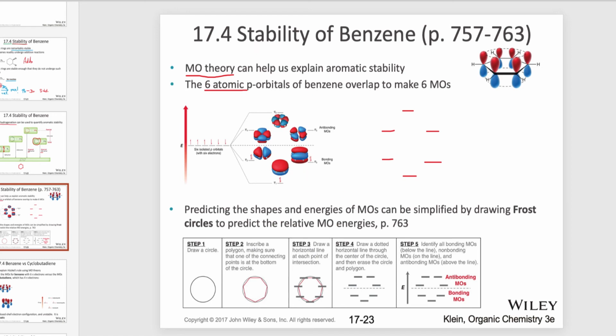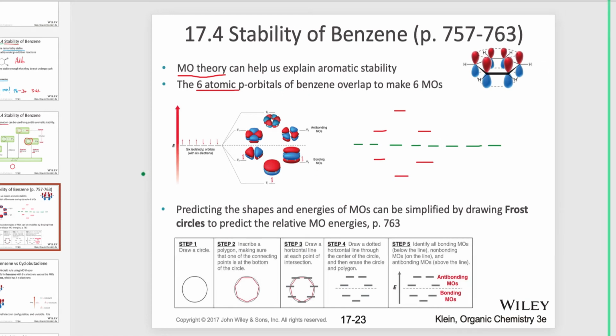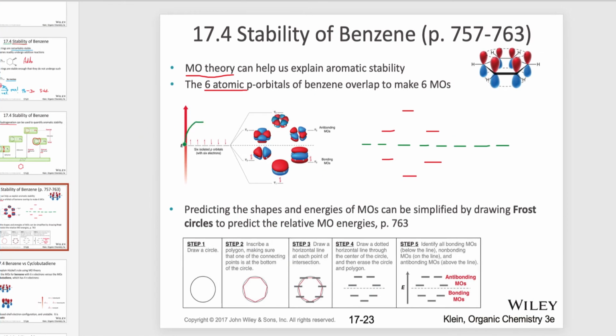The other important thing to recognize is that there's a symmetry here. Remember that this is the non-bonding level. This is where the energy level is for p orbitals that are not having any interactions with each other. They're isolated p orbitals. Then they come together.